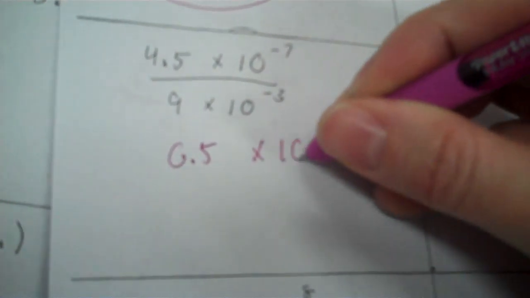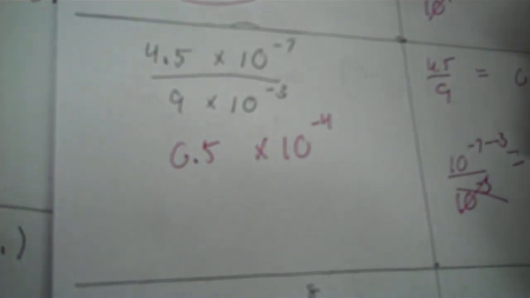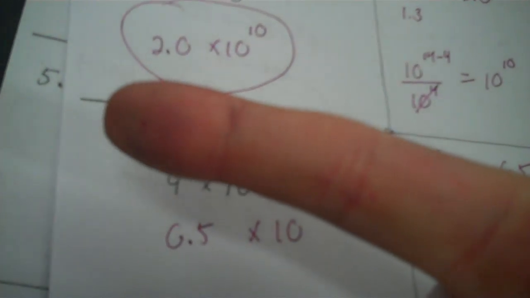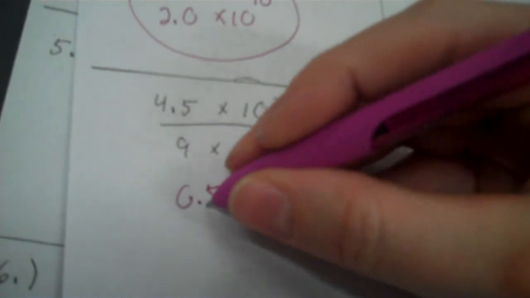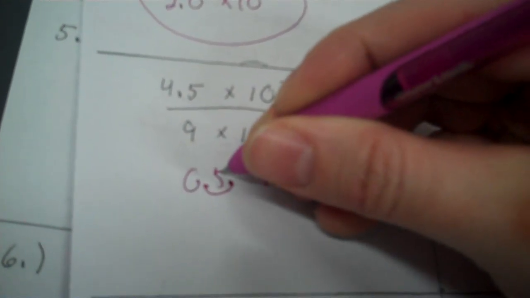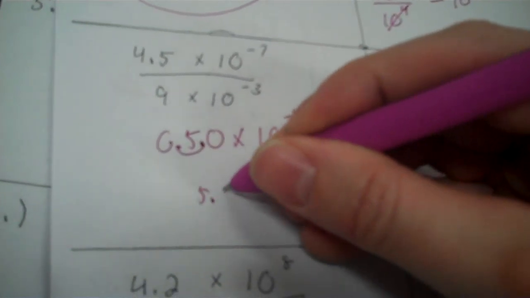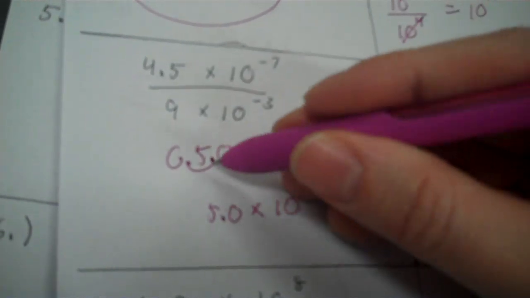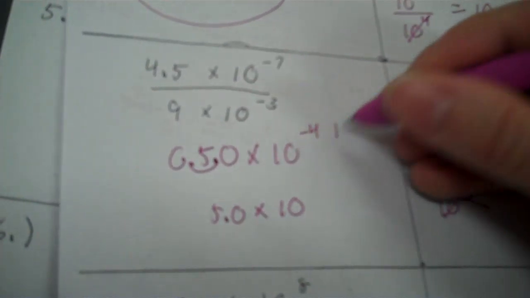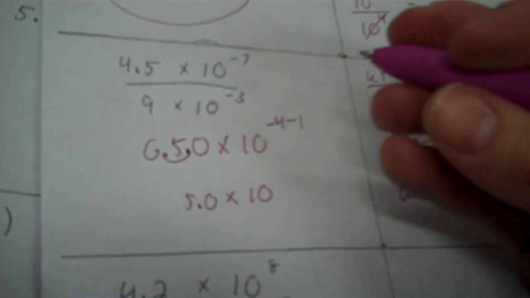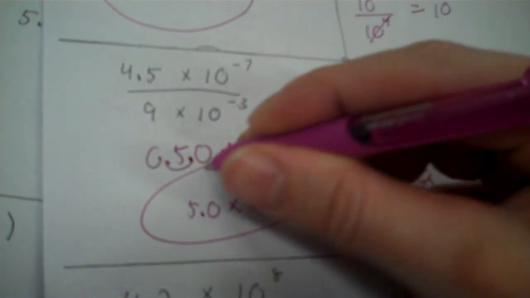But I don't think you want to leave your answer like that because you need one digit in front of the decimal and it can't be a 0. Well, if I go here, then I've got my one digit. It's a 5. So 5.0 times 10, but I moved it right, so I put a 1. When you move it right, it's minus. So negative 4 minus 1 is negative 5.